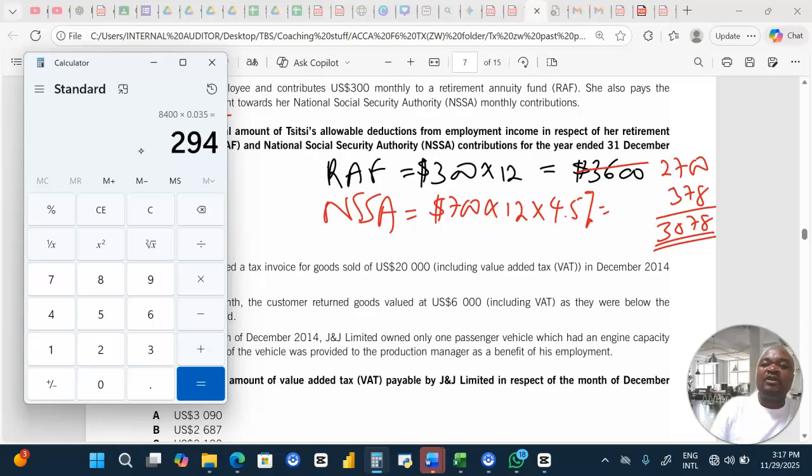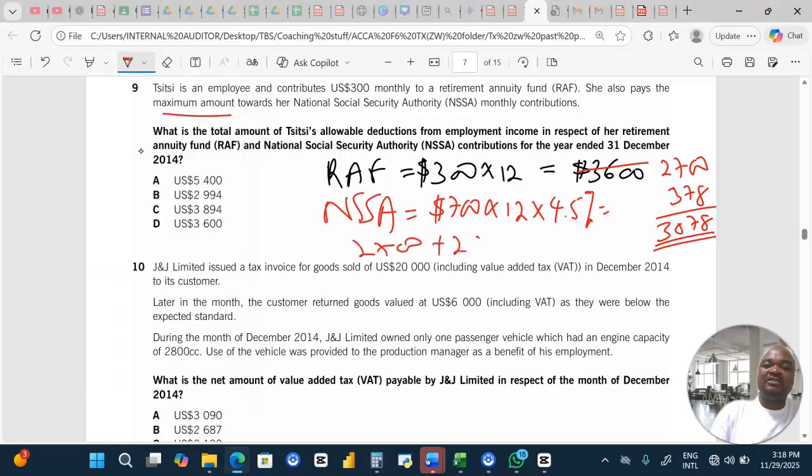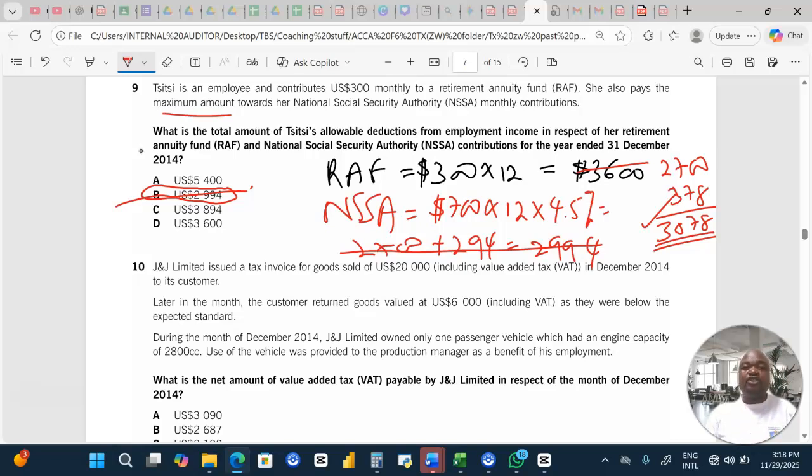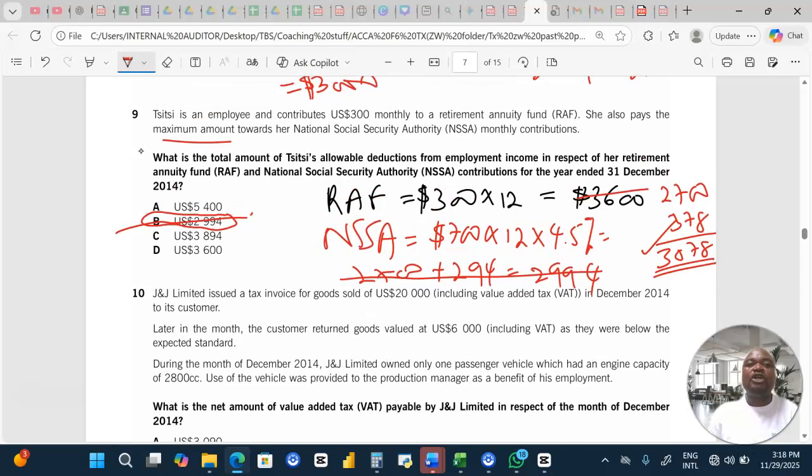Okay, so if I say here 2,700 plus 294, you come to 2,994, and you discover that your answer would be B. However, if you update this, you discover that you must get the 3,078 as your answer.